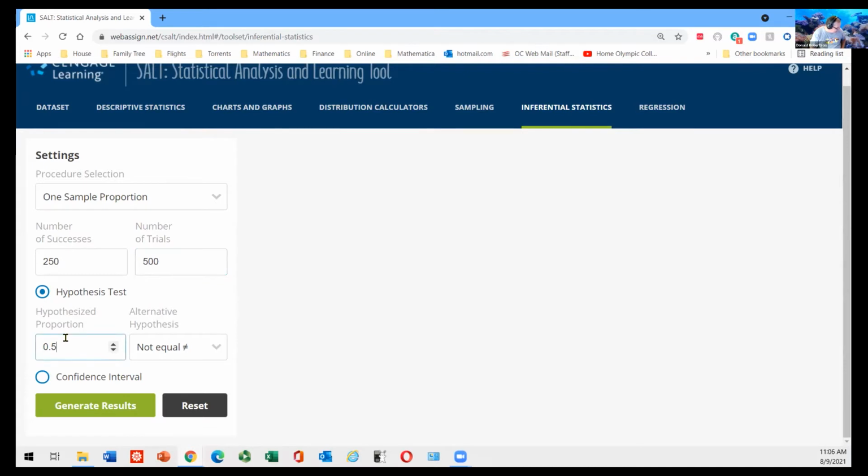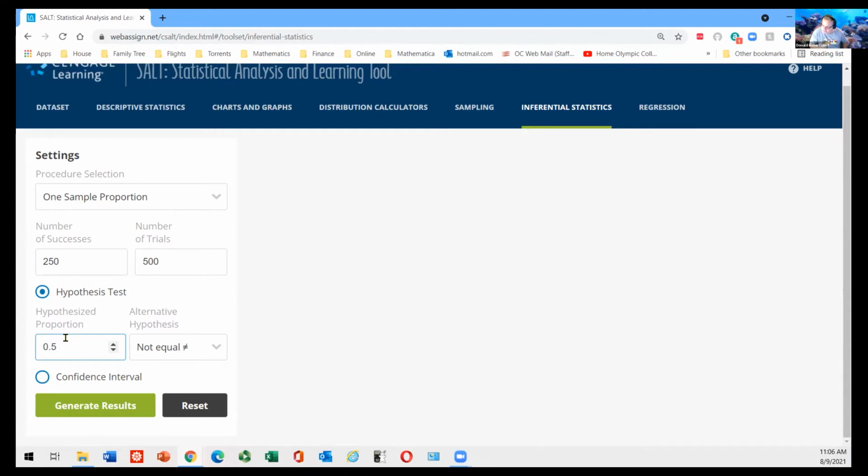Now, the hypothesis test. I wish Salt had switched these two boxes round, but it is what it is. Our null hypothesis is P equals 0.53, and the alternate is P less than 0.53.